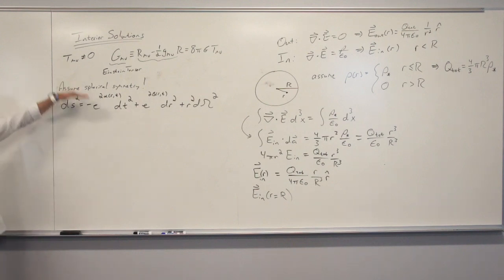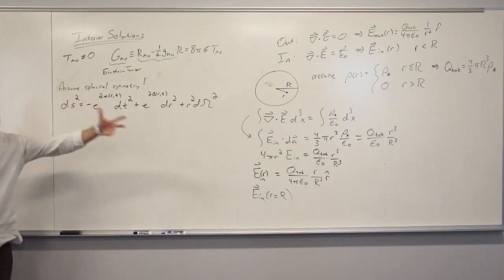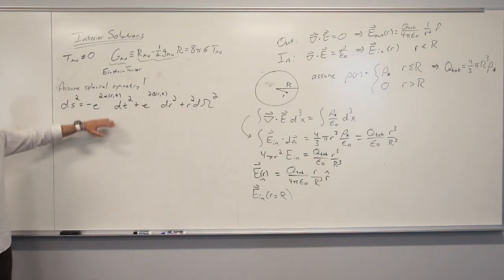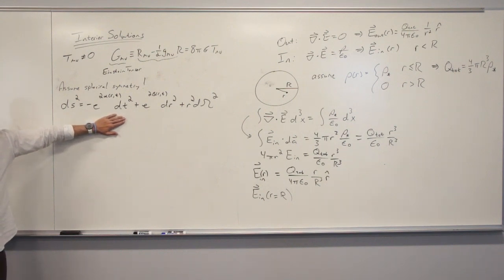Now, today, in the exterior case, we massaged Einstein's equation and found that we could get this thing to be time independent. We cannot do that for the interior. So we're going to do something different.